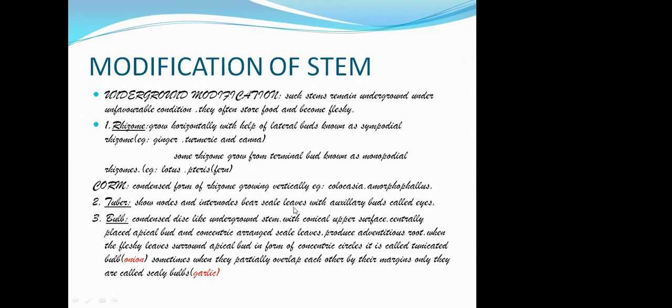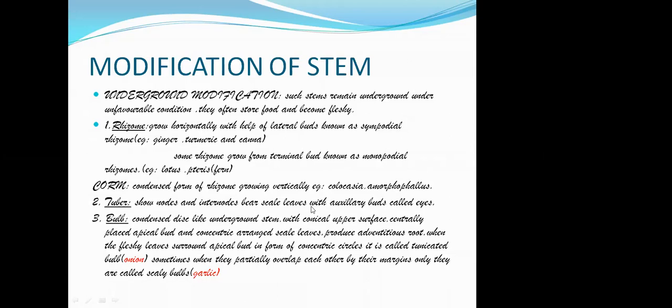So the leaves develop at nodes, and they will have buds also. What type of buds? It is an axillary bud, and the axillary bud is also called what? Eyes. Yeah, eyes. Okay, thank you, Priya.